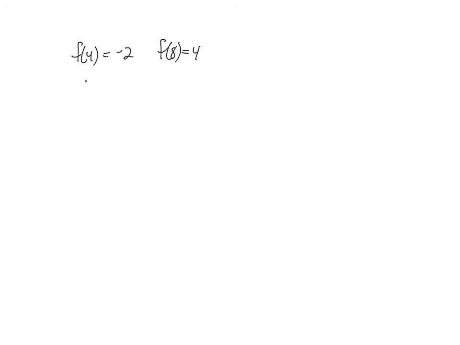So remember, you're just writing these as coordinates. Okay, so find the slope. -2 to 4. Negative to positive means bigger. Bigger by how much?